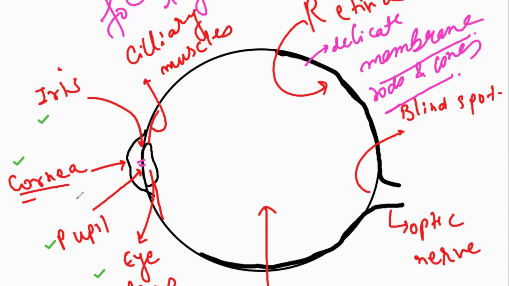If you see in your book, here there is a space. That space is known as the aqueous humor. It is filled with a viscous liquid.